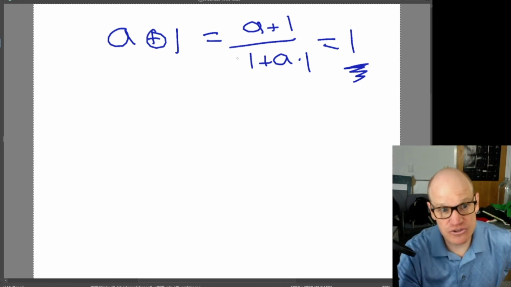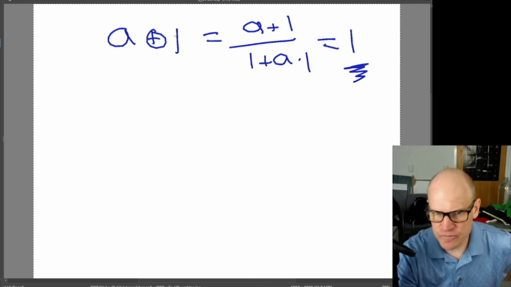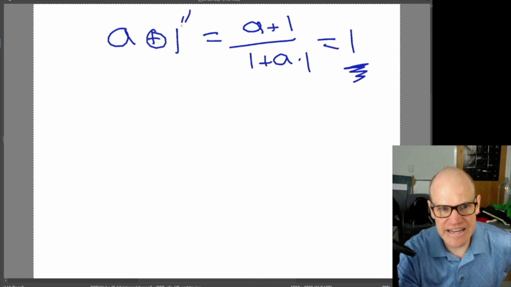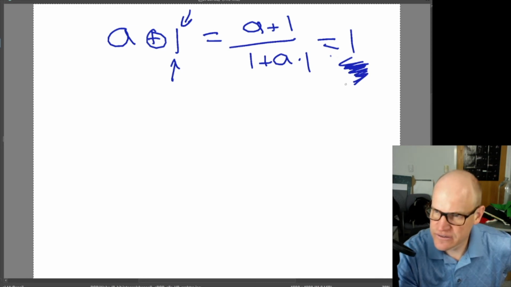So circle plus has an identity. The identity is 0, but if you circle plus any number less than 1 with 1, you get 1 in the end.